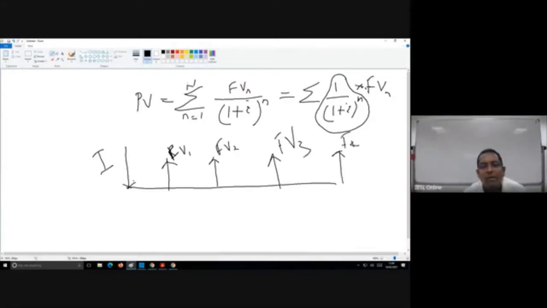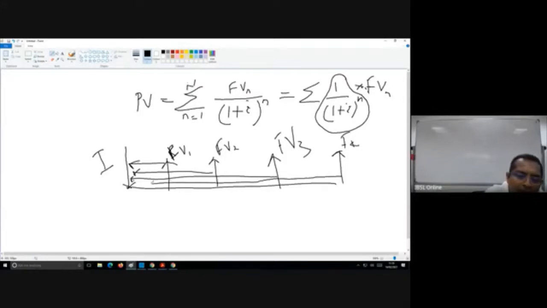Okay. What we want to know is, you bring all the future values to today's value. We have to find out the present value of expected future cash flows. You use this formula and bring everything to the front, year 0, right? That is our first task.